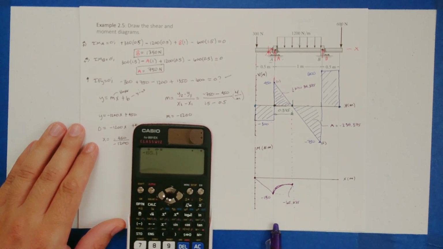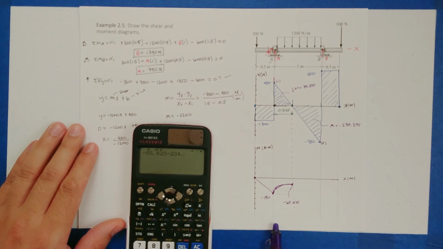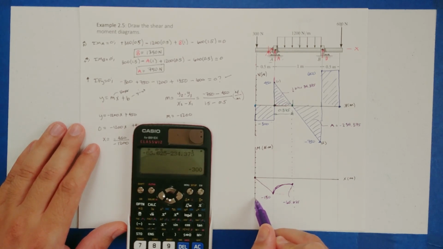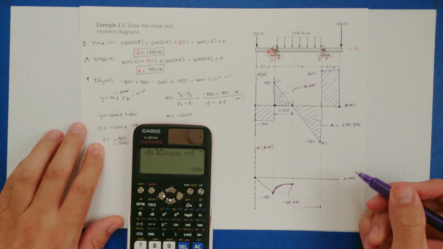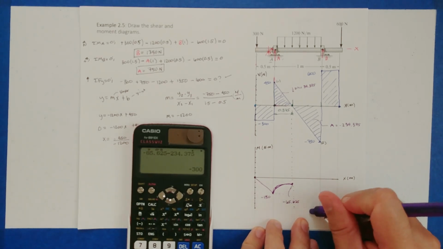Negative 65.625 minus 234.375 takes me to minus 300. So if this was minus 150, another 200, 250, 300, more or less right there. So this is where we want to end up. The question arises again, right?